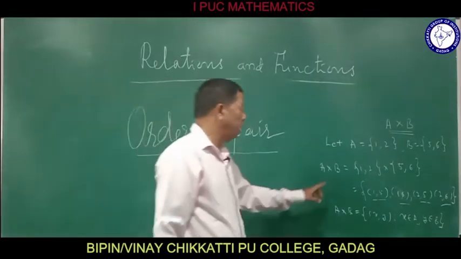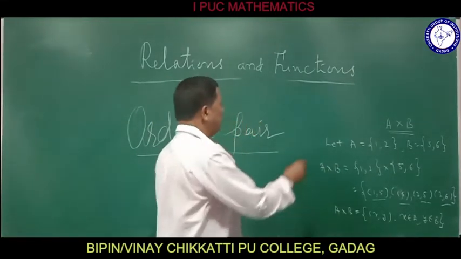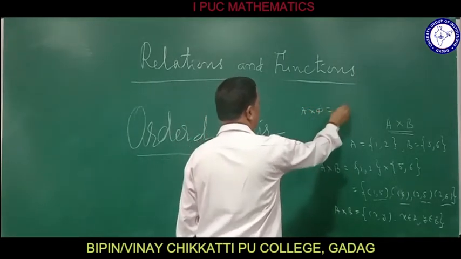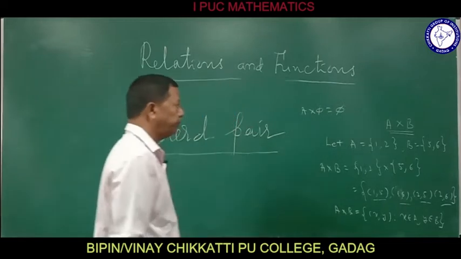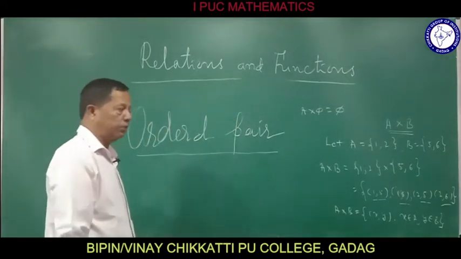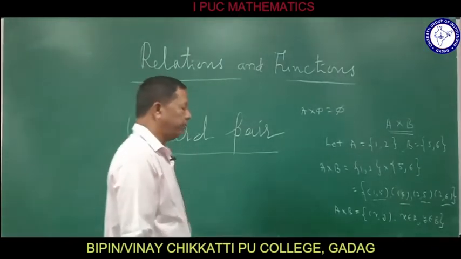Suppose either A or B is a null set. Then A into the null set is again a null set only. The Cartesian product of a non-empty set A and a null set is again a null set only. So what is the definition of the Cartesian product?